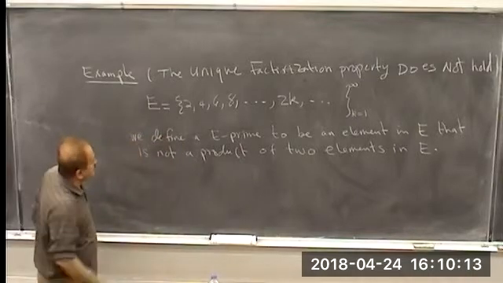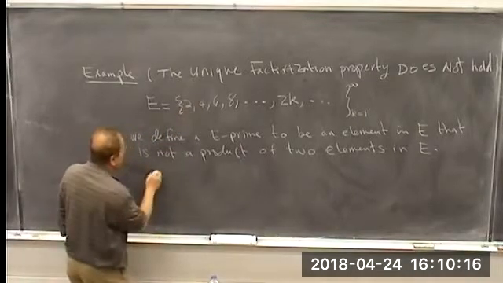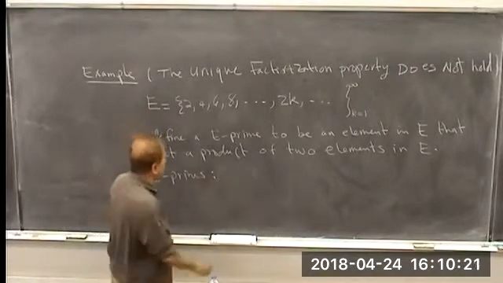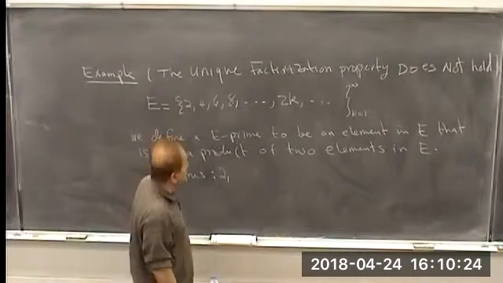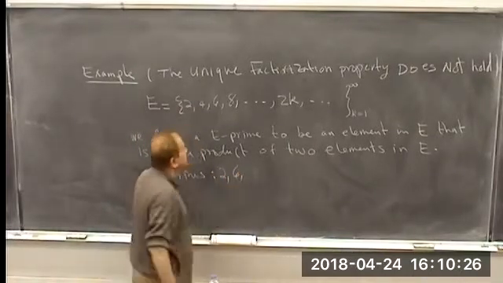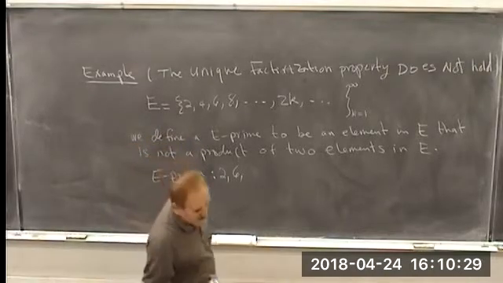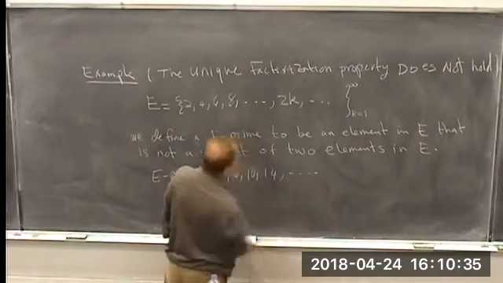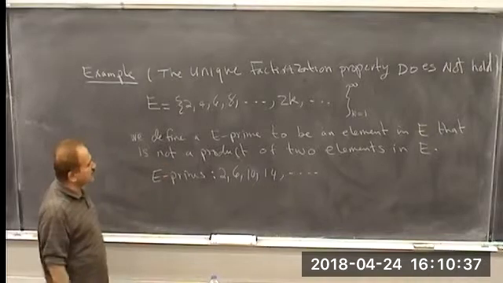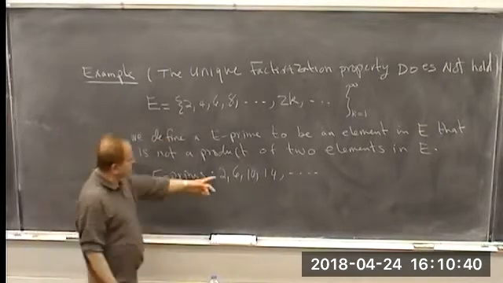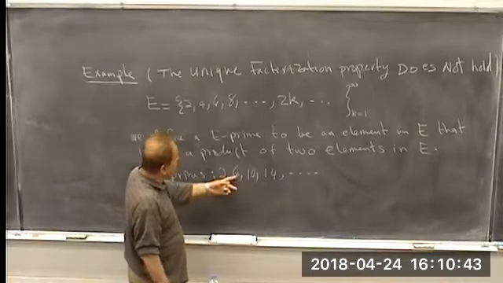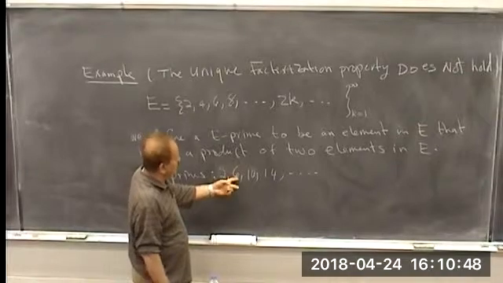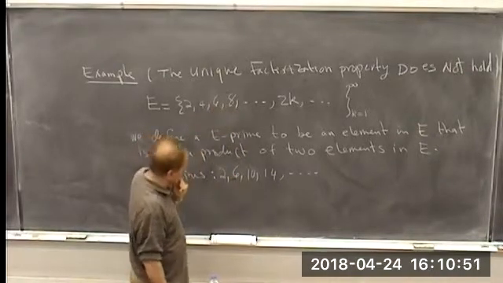For example, some of the E primes in here are 2, 6. Other ones we put in the list in here, 10, 14, and so on. None of these can be written as a product of two elements from here. 2 itself is 2 times 1, but 1 is not in E. So this is a prime as far as this system is concerned.